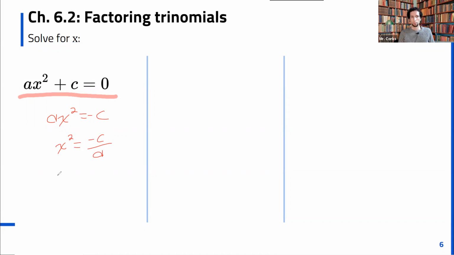And then take square roots, so x is equal to plus or minus the square root of negative c over a. You might see the negative c here and say, hey, that's not going to work with square roots. First, it does; it could just be i, the square root of -1. Also, we don't know what c is. c could be a negative number, and then the negative in front turns it into a positive. Or a could be negative. So that's pretty easy.